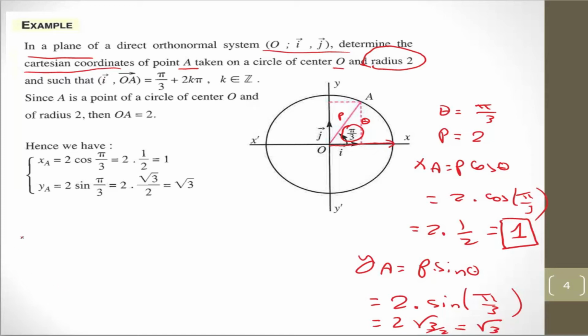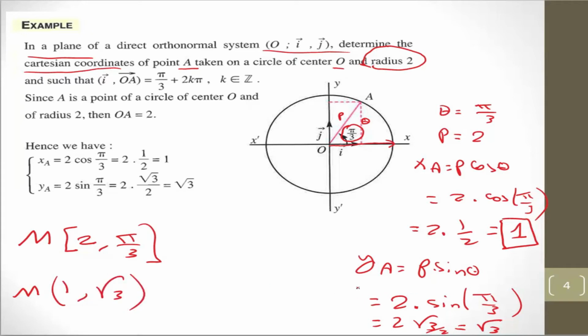So the point M has two coordinates. The polar coordinates are p and theta, and the Cartesian coordinates are 1 and radical 3. Those are called the polar coordinates, and those are called the Cartesian coordinates.